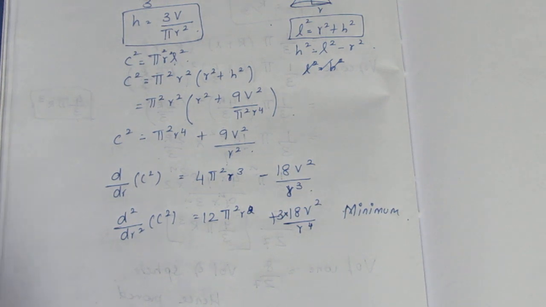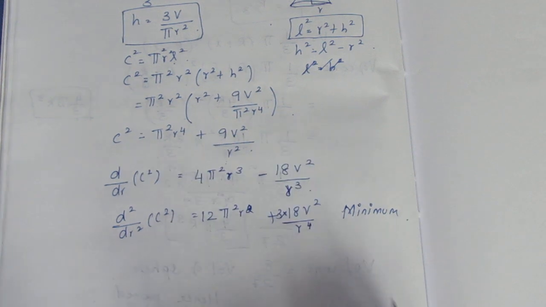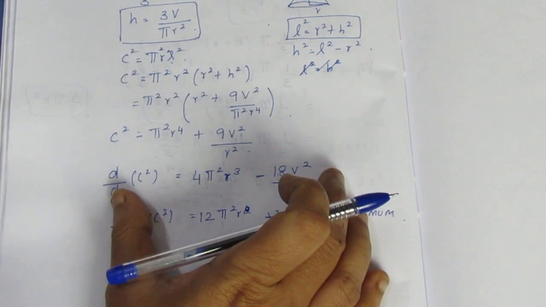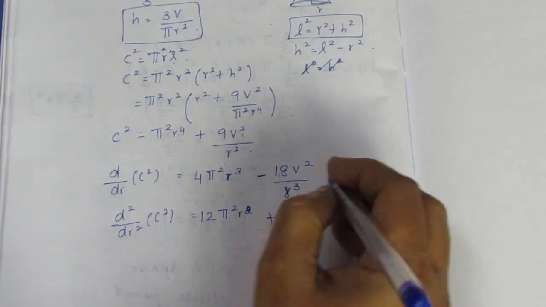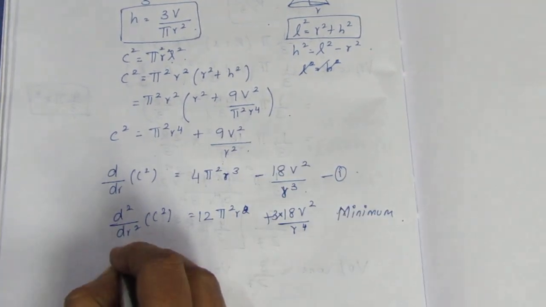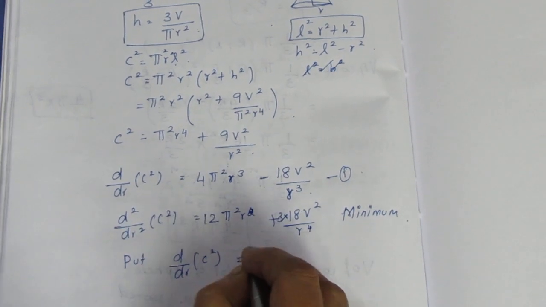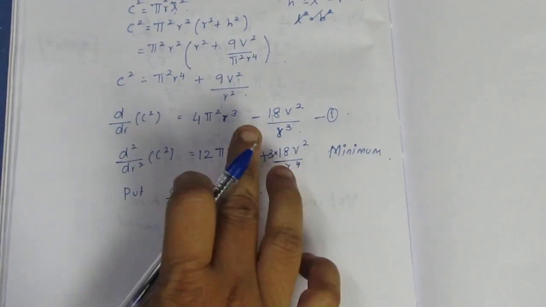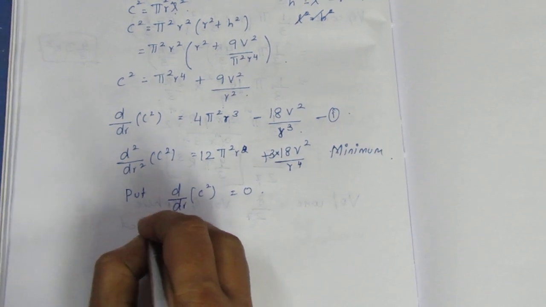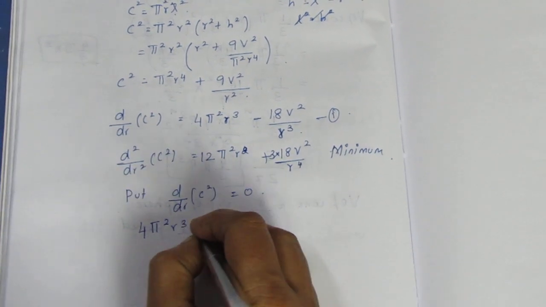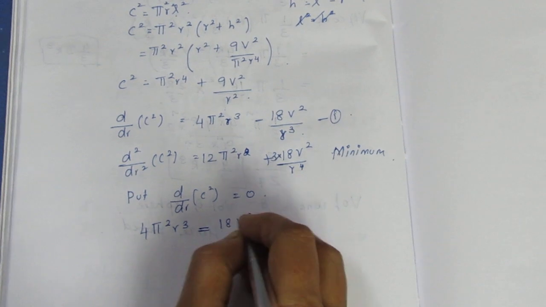Now to find the r value or the V value, taking the first differentiation equal to 0. So put d by dr of C² to be equal to 0. If we take this to be equal to 0, 4π²r³ is equal to 18V² by r³.